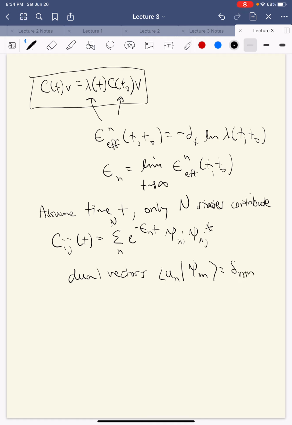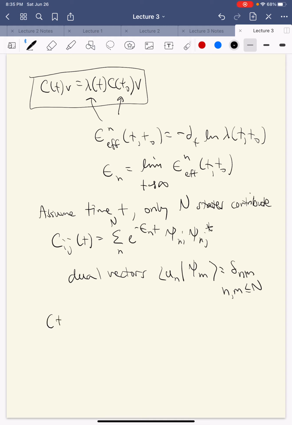So basically a dual to a column vector is a row vector, for example. So it's the thing that you multiply by in order to get a scalar number. And these n and m have to be less than or equal to big N, because I'm only looking in the space where these n states contribute.